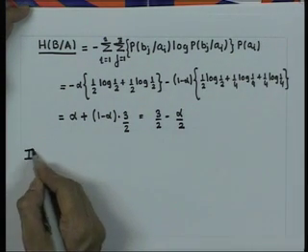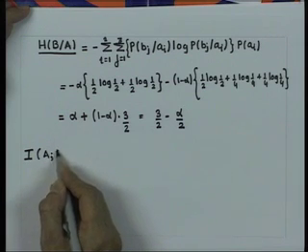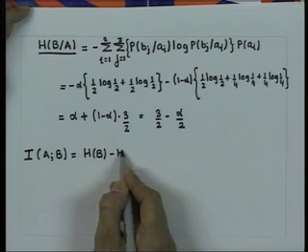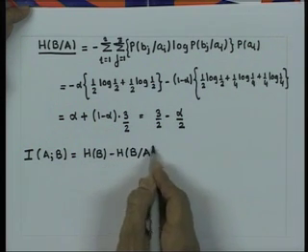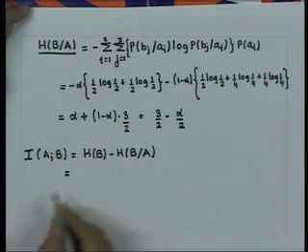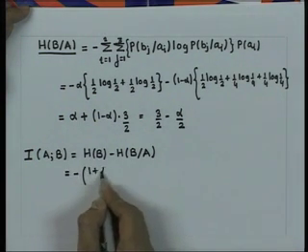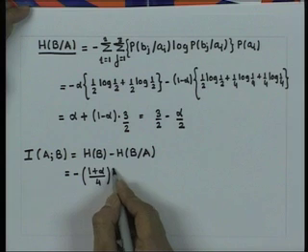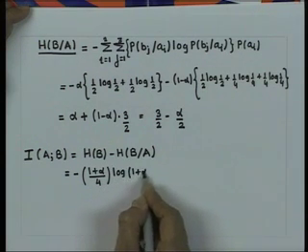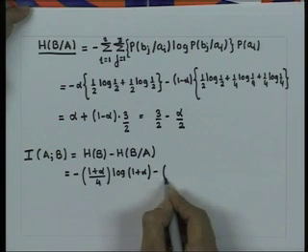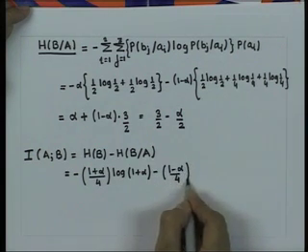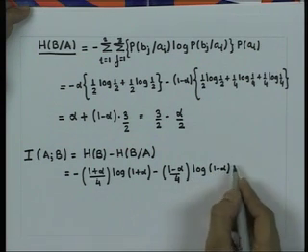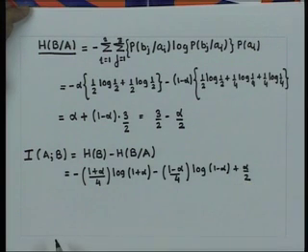So, finally, we get mutual information as H(B) minus H(B given A) equal to minus ((1 plus alpha) by 4) log of (1 plus alpha) minus ((1 minus alpha) by 4) log of (1 minus alpha) plus alpha by 2.